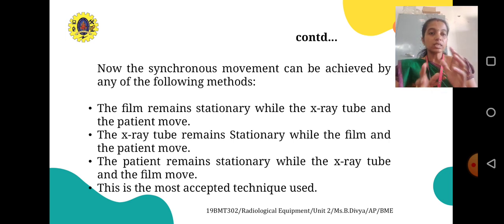This is the most accepted technique used. This process has to be done perfectly. If there are any flaws in it, the images will be blurred. We cannot get any clear images.